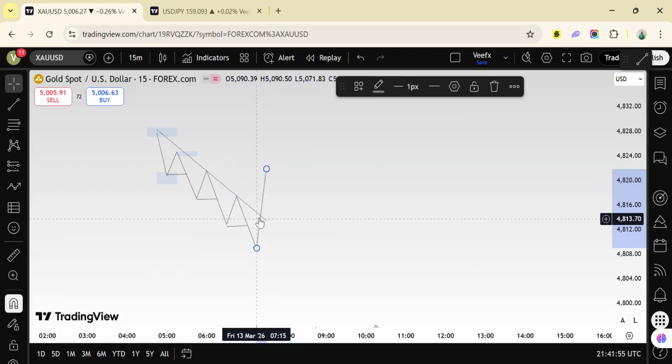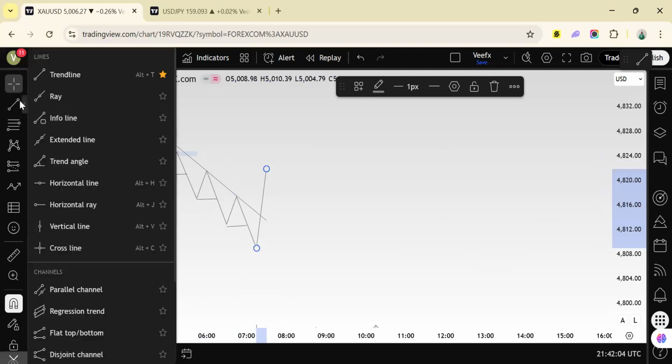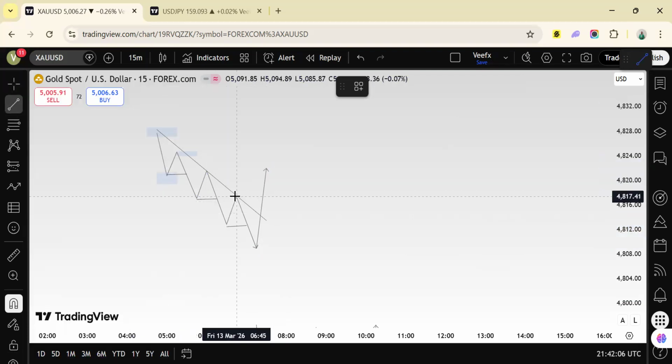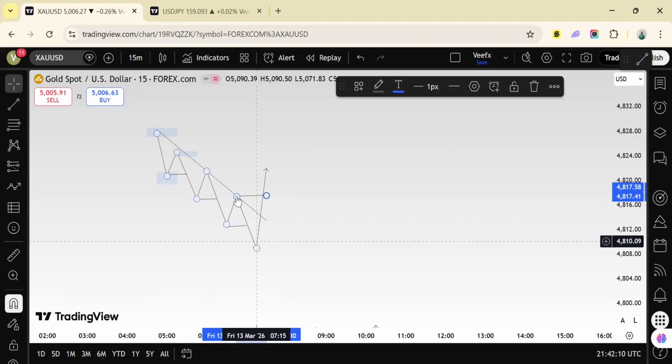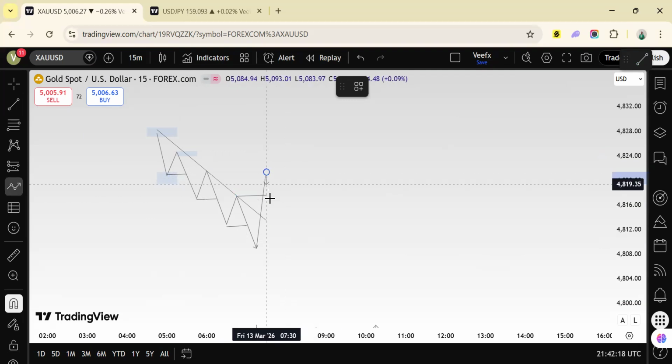A downtrend is supposed to give you another higher low here and keep trending. But the moment the last low took out the last high, that has caused what? A market structure shift. And it is a sign that this downtrend is about to end and a new trend, which is now an uptrend, is about to begin. So you're now going to see something like this.